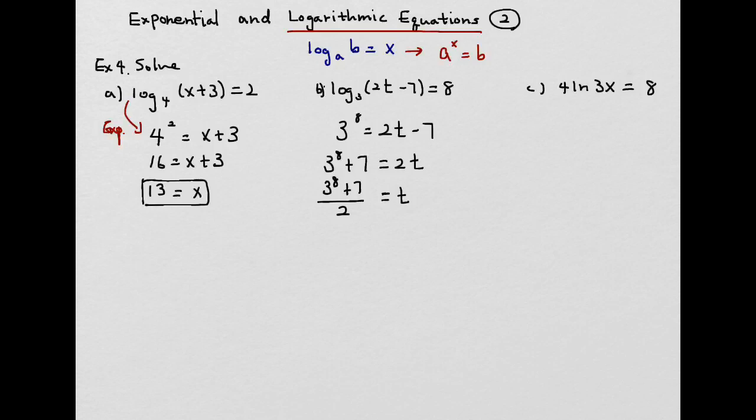This is 6,561 plus 7 over 2, which means your t is going to be 3,284.